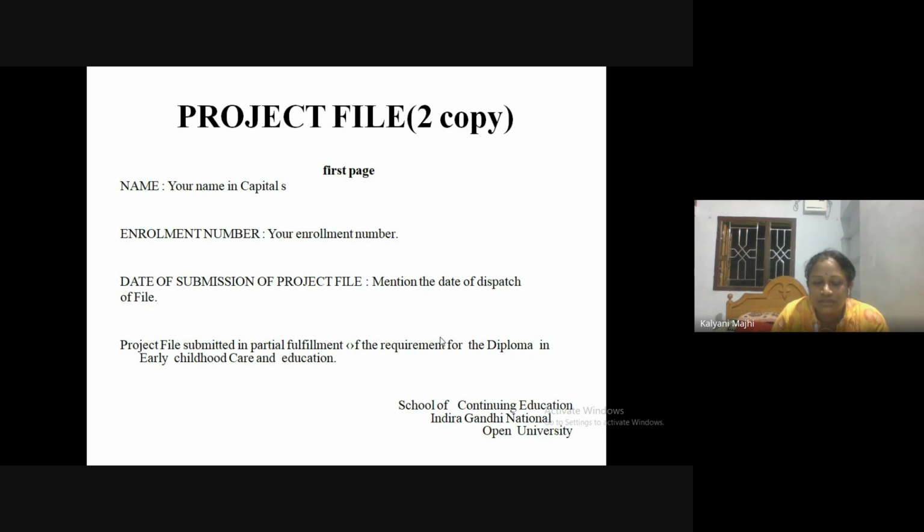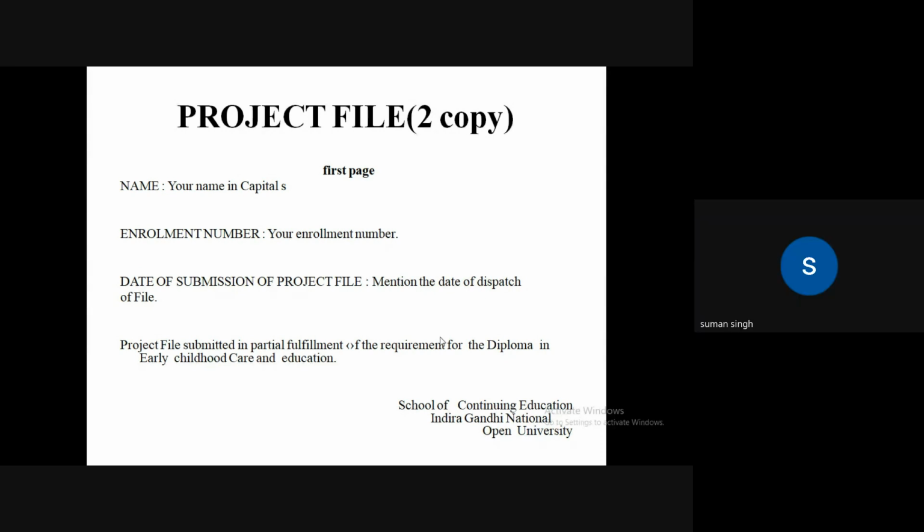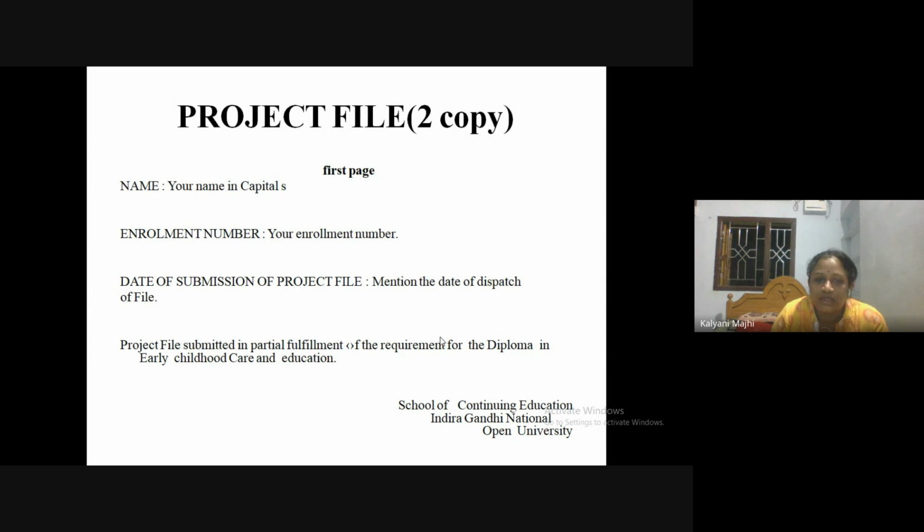Now today in the class you have to learn what is the project file and how you prepare your project file. You have to prepare two copies of your project file, and your project file contains several pages.